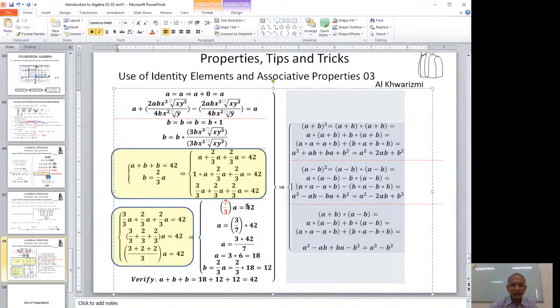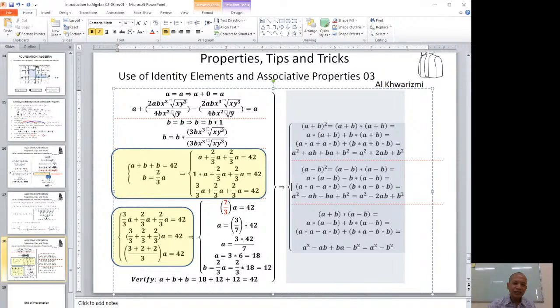When we move numbers across the equality or inequality, we change multiplication to division and division to multiplication. That is the rule I told you: when numbers jump across the equal sign or inequality, we change the operation or the sign.